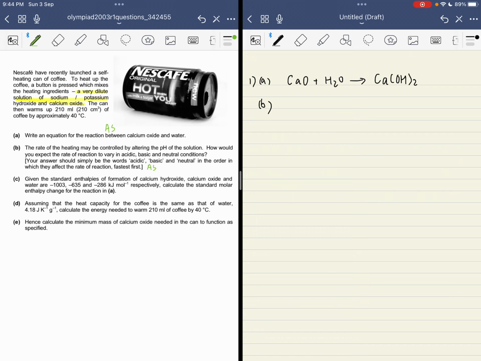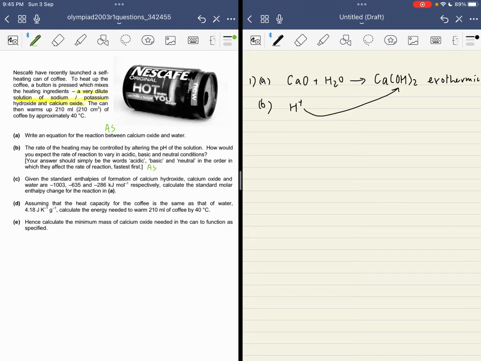What is heating up the can is the reaction in A. And if I have an acidic condition in the can, my acids will react with some of the hydroxides generated here, and this will push the equilibrium towards the exothermic side, which is in the direction of the forward reaction.